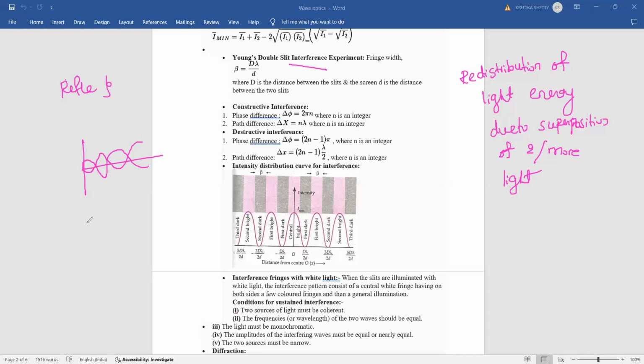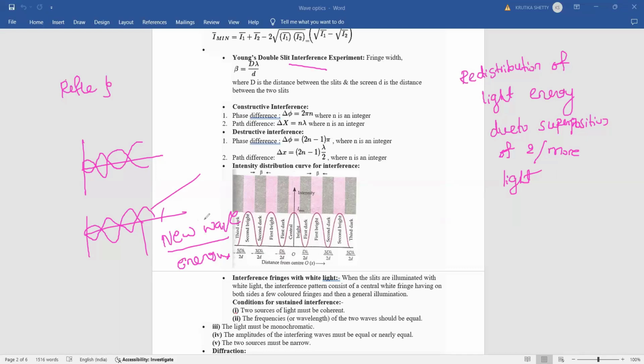When two light waves superimpose, we get one new wave. That new wave has different energy, because it carries the energy of both waves. This phenomenon is called interference of light.